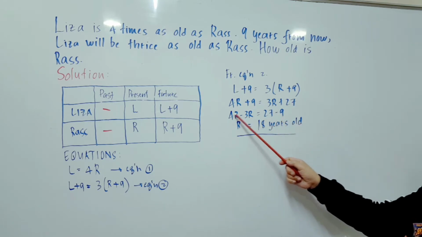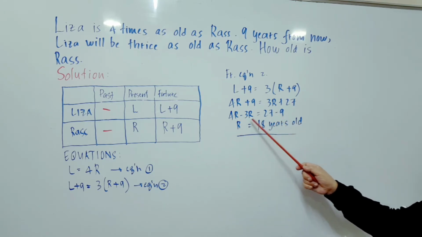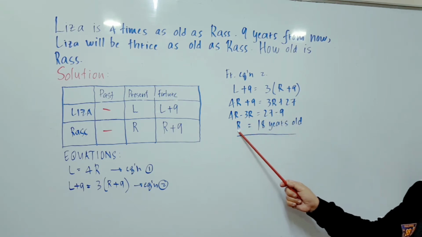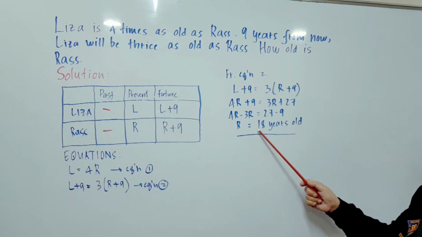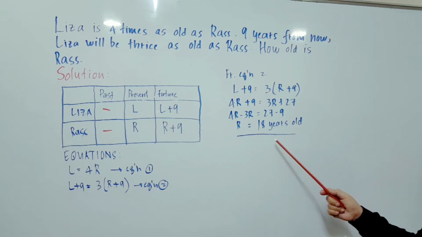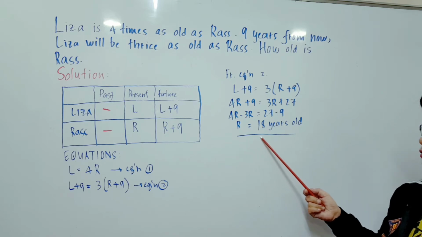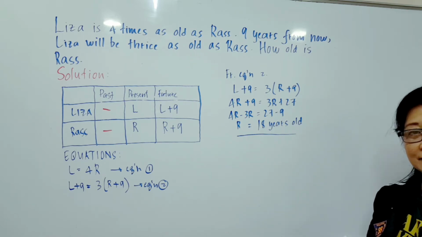Now, combining like terms, 4R minus 3R is equal to 27 minus 9. R, therefore, is equal to 18 years old. So, that is the present age of Ras, which is 18 years old.